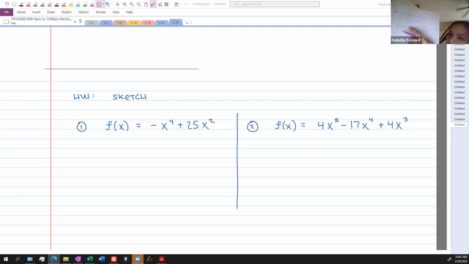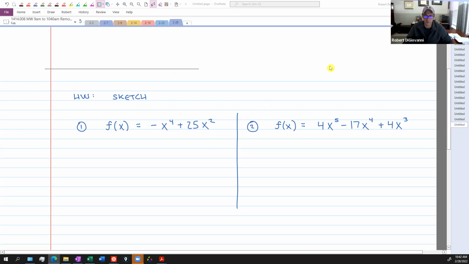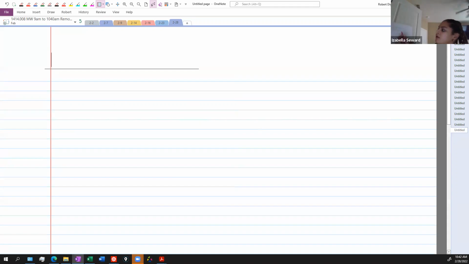Now I understand. So we're saying if this 36 was positive and this was still negative, that it would still be the negative, right? Yes.